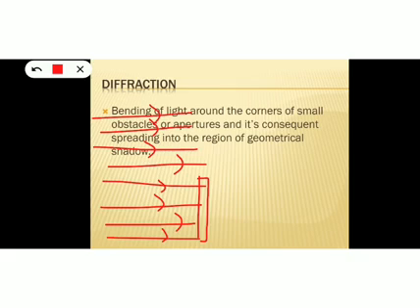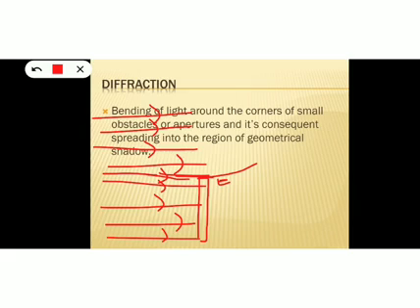Here, the light rays cannot pass through this region as an obstacle is placed here. But when a light ray passes round the obstacle, it has a tendency to bend round the corners of that obstacle. And this obstacle is very, very small. For our convenience, I have just magnified it. So what happens?